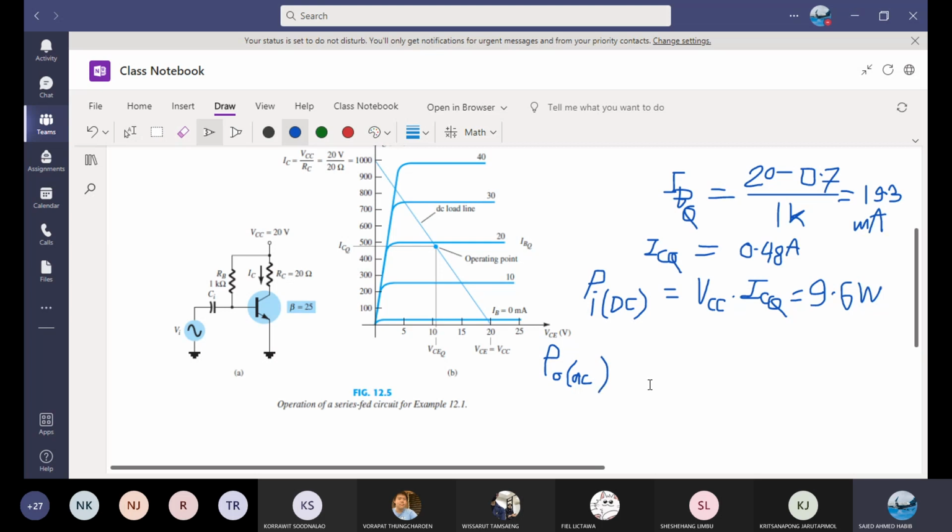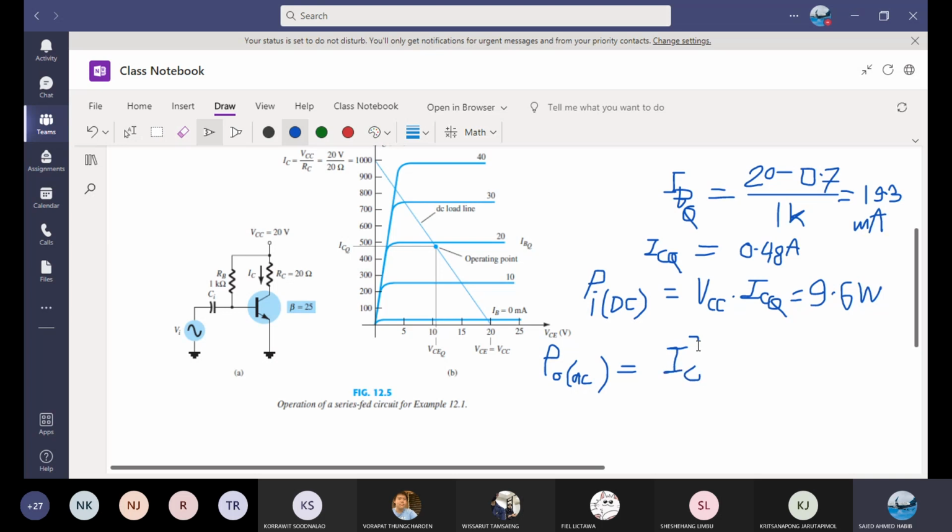The output power is V_CE squared divided by R_C. If you want to calculate V_CE, you can do it graphically from here, but you can also do it mathematically. You can say it is I squared times R_C, because I_C is the output current.